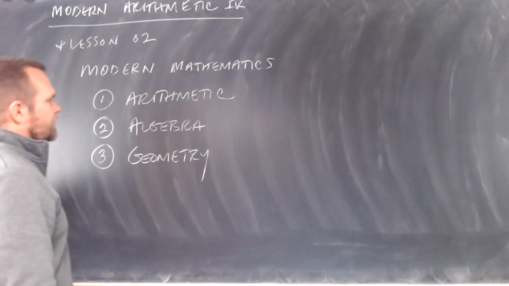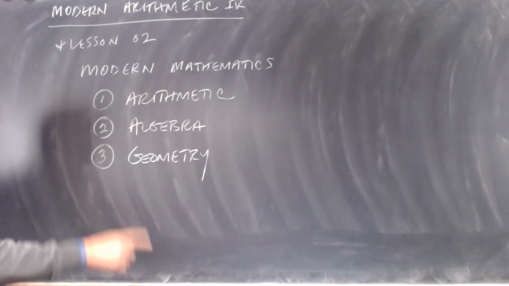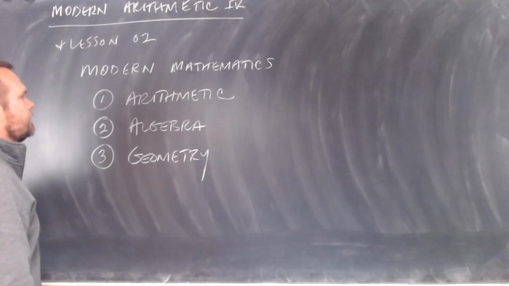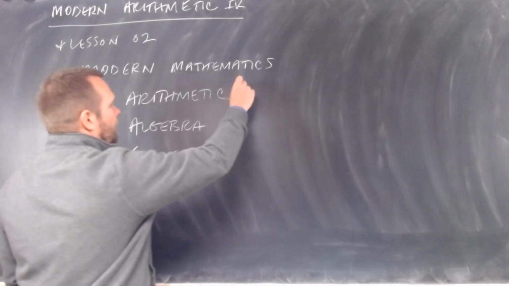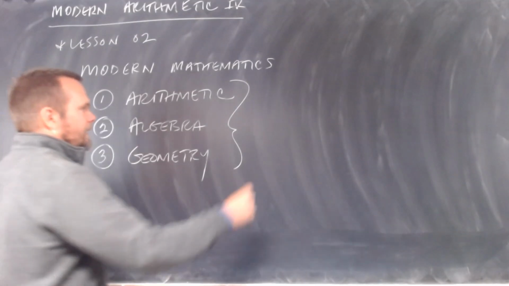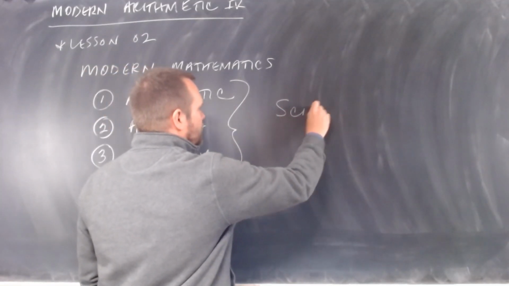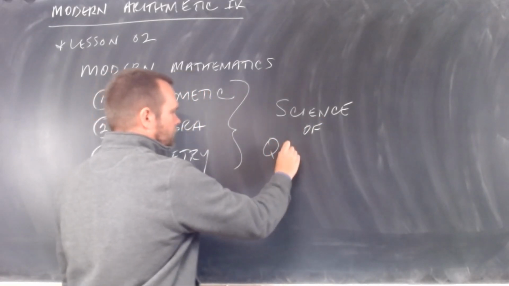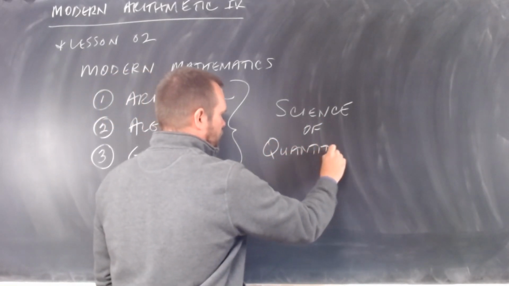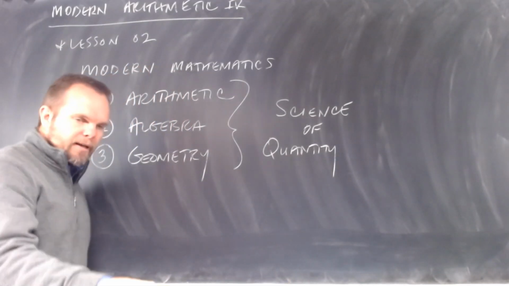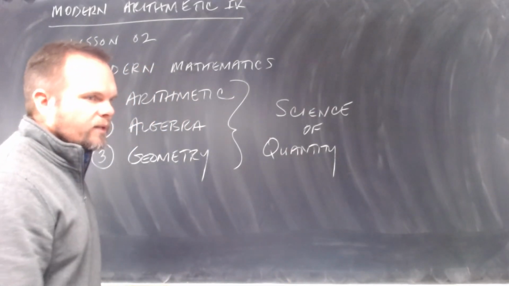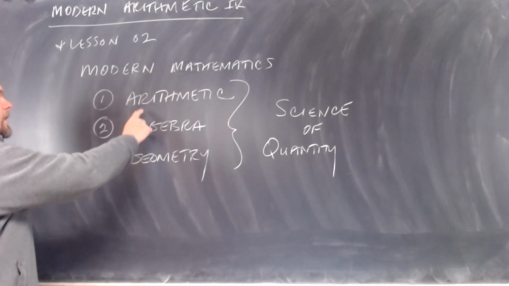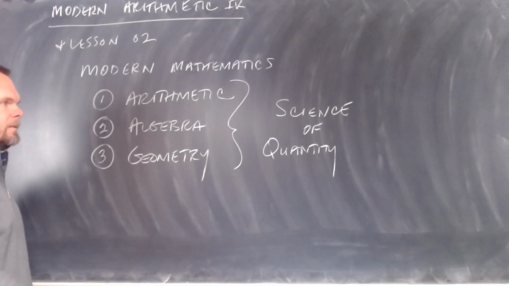The branches of mathematics, and remember, we just learned in Article 6 that mathematics is the science of quantity. So modern mathematics tells us that the science of quantity, this is actually very important, modern mathematics tells us that if you want to know quantity, you need to study arithmetic, algebra, and geometry.